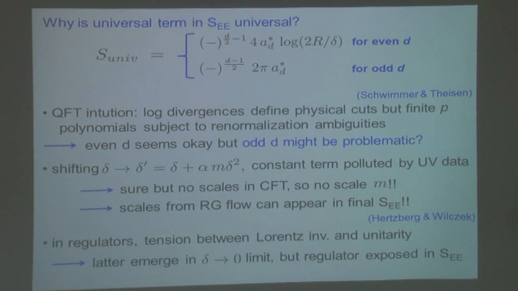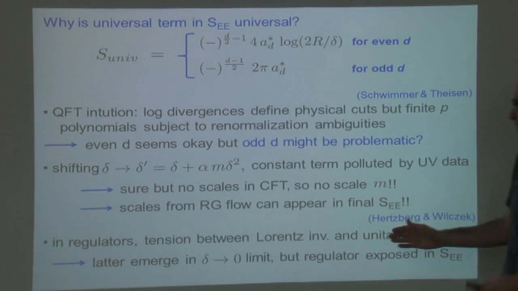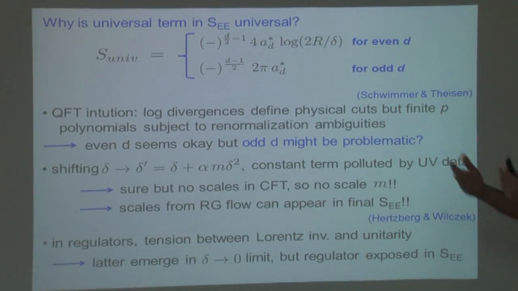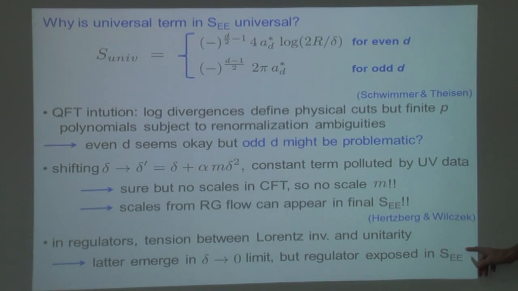And it's only when I take the continuum limit that I have to work hard to show that both of these emerge or are restored in my renormalized theory. But when I calculate entanglement entropy, I can't really take that limit. My regulator is exposed. It's sitting there in those divergences. And so it's a worry, can I really establish this for the entanglement entropy? Because those were important ingredients in the proof of the F theorem or the two-dimensional C theorem. So that's another worry.